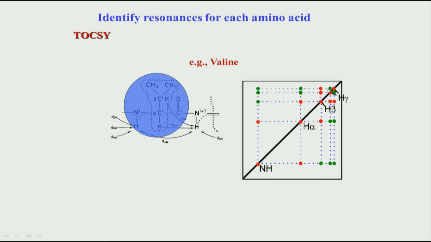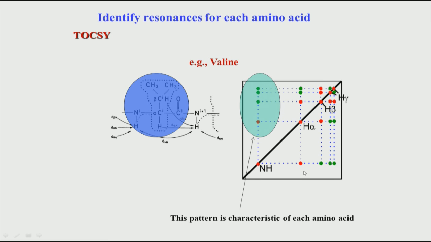Those in red color are the COSY peaks, which are only next neighboring, 3 bonds away, but the green peaks are from TOCSY. So, this whole spin system is now joined or connected to each other, and that is how a TOCSY spectrum should look, and this is what we have been seeing in the TOCSY part of the course.